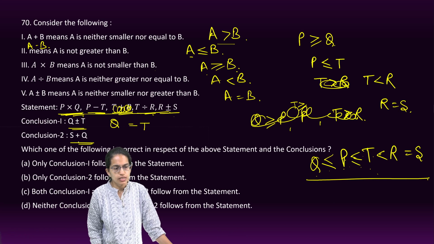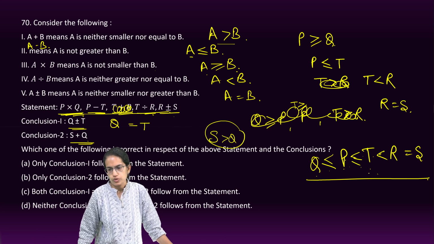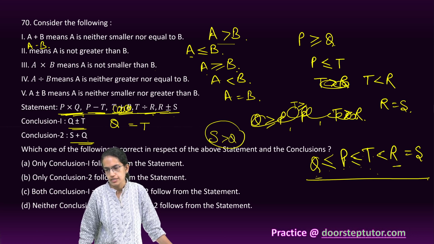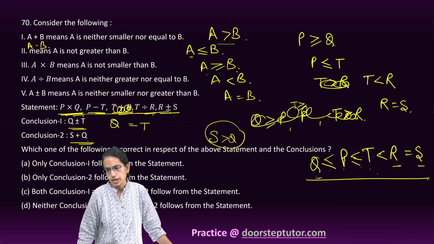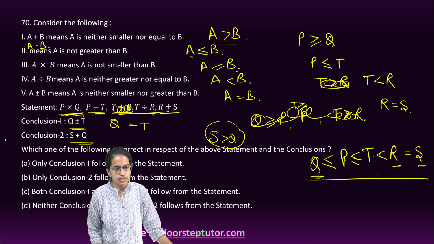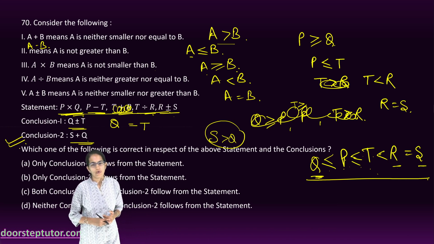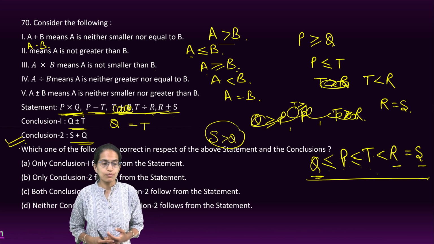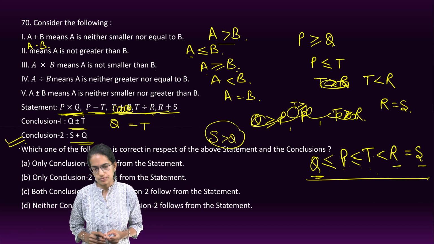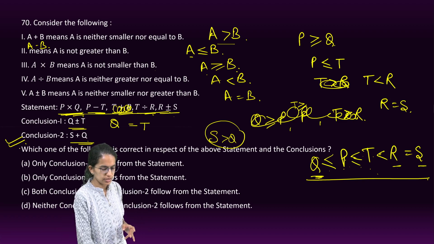S plus Q means S is greater than Q. So can I say S is greater than Q? Yes. This conclusion I can follow. So conclusion 2 I can follow. Conclusion 1 can be true in certain circumstances, not always. So conclusion 2 would always be true in this case.